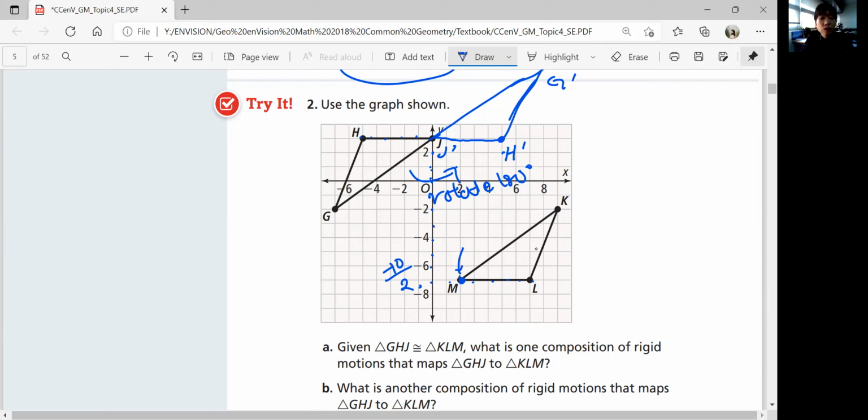So you can do a translation of positive 2 and negative 10, because that's y and that's x. Okay, and then translation after your rotation. Wait, that's a big R, which is reflection. So I'm going to write a small r, rotation of 180 degrees on point J.